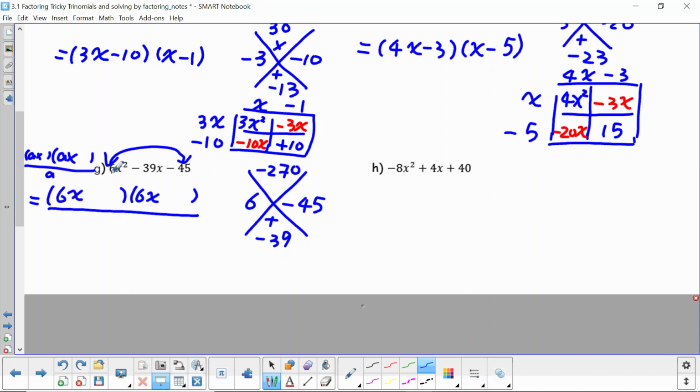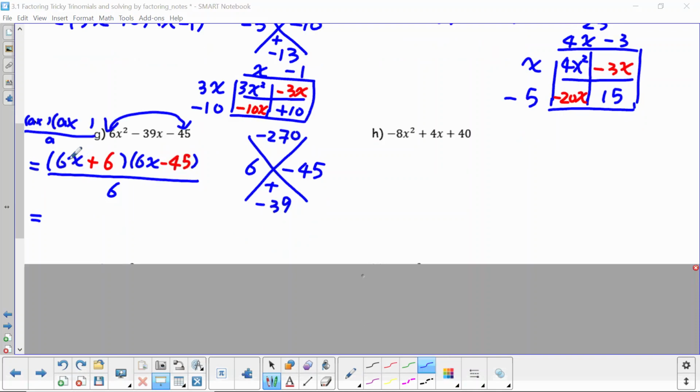Okay, this a value is 6, so 6x squared divided by 6 will give you x squared. And this method is going to be, I put these two numbers inside the bracket right away. Okay, plus 6, minus 45.